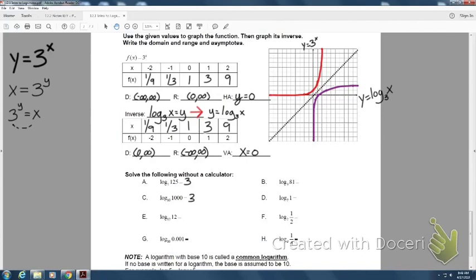We'll save e for here in a minute, because that one's always interesting. 3 to the power of what is 81? 4. Doing this without your calculator. 7 to the power of what is 1? 0. Anything to the power of 0 is 1.